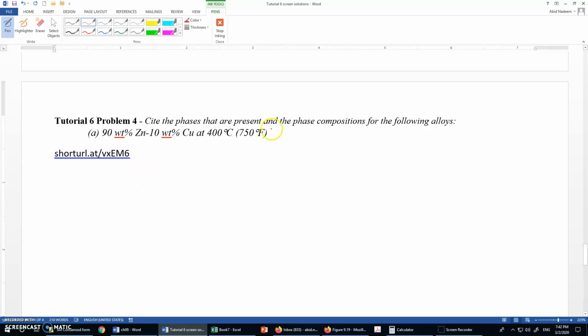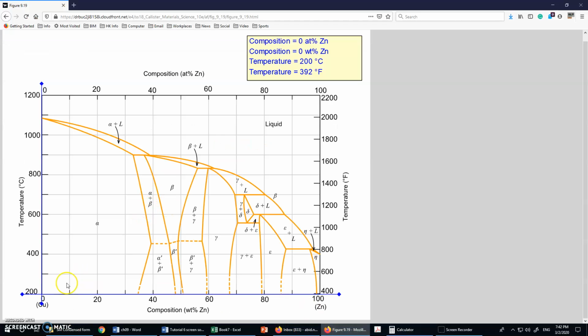For this 90% zinc line at 400 degrees centigrade. So 90% zinc line, 90% is here, 0.28% zinc at 400 degrees centigrade. So it is here.